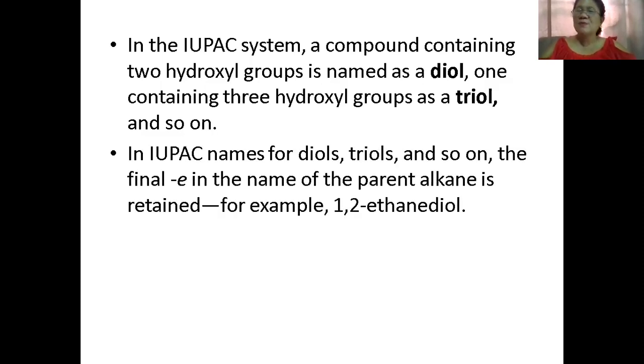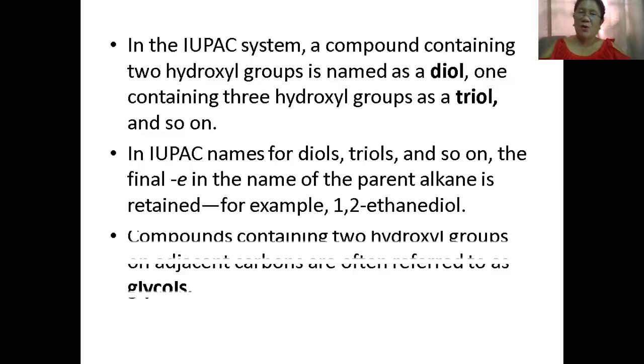The IUPAC names for diols, triols, and so on follow the same rule: you drop the E in the name of the parent alkane, then retain the -ol, so instead of -ol it will be diol or triol. But you now place where your diol is, what particular number in the carbon chain. So, for example, 1,2-ethanediol.